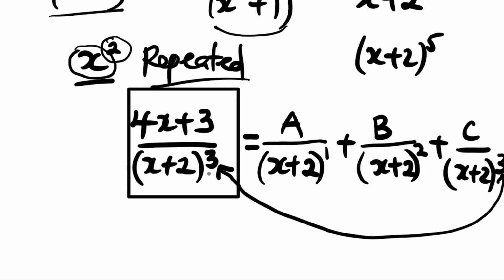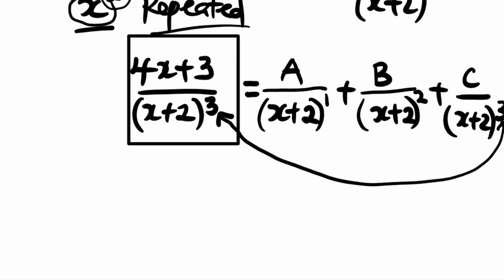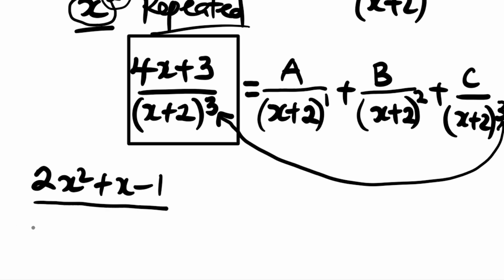So you distribute this repeated factor as denominators, and then on the numerator you keep just a constant at the top. That's the flow. Let's say 2x squared plus x minus 1 all over x minus 3 all to the power, let me use 5.